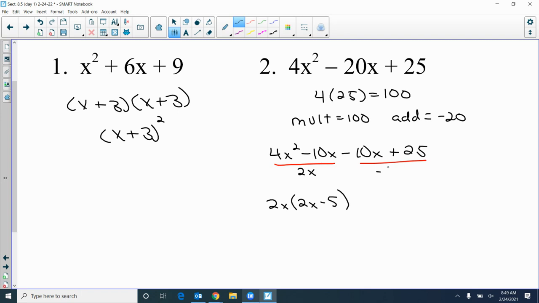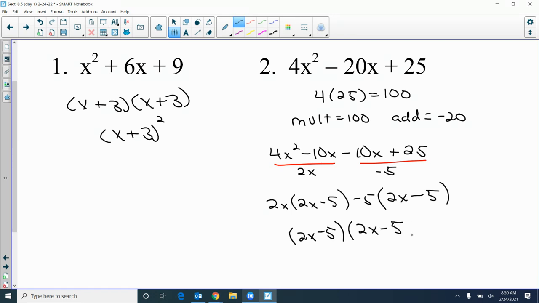Good, because you got to use the negative here. And now when I divide, -10x divided by -5 is positive 2x. 25 divided by -5 is -5. All right, not done. Zach, what's my final answer there? 2x minus 5 in parentheses, and then the other parentheses, 2x minus 5.